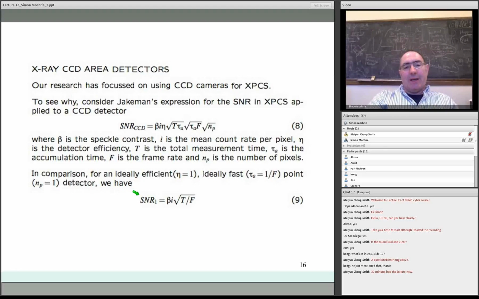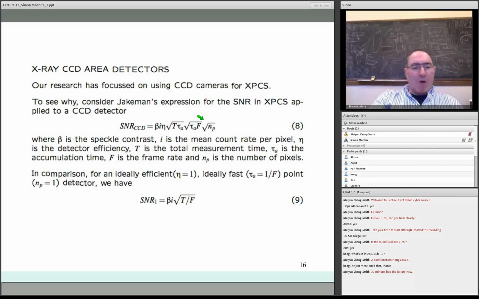There's a huge gain to be gotten from using an area detector, basically because of this factor square root of n sub p, the square root of the number of pixels. For typical area detectors, there can be 1,000,000 pixels, and so the signal to noise can be increased by a factor of 1,000 compared to a point detector.